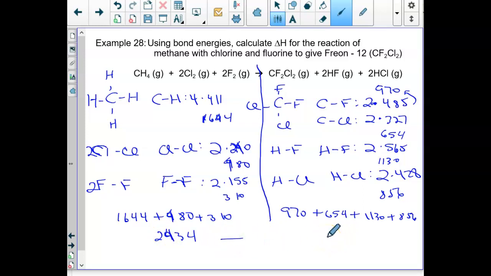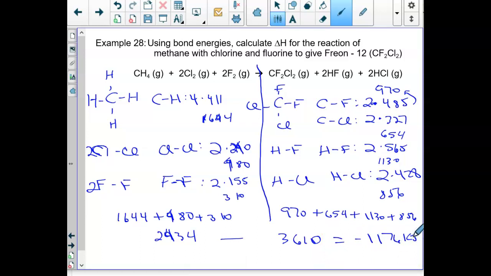Minus, because the way we set it up, 970 plus 654 plus 1130 plus 856 is 3610. And so when we take 2434 minus 3610, we get the final answer to be negative 1176 kilojoules.